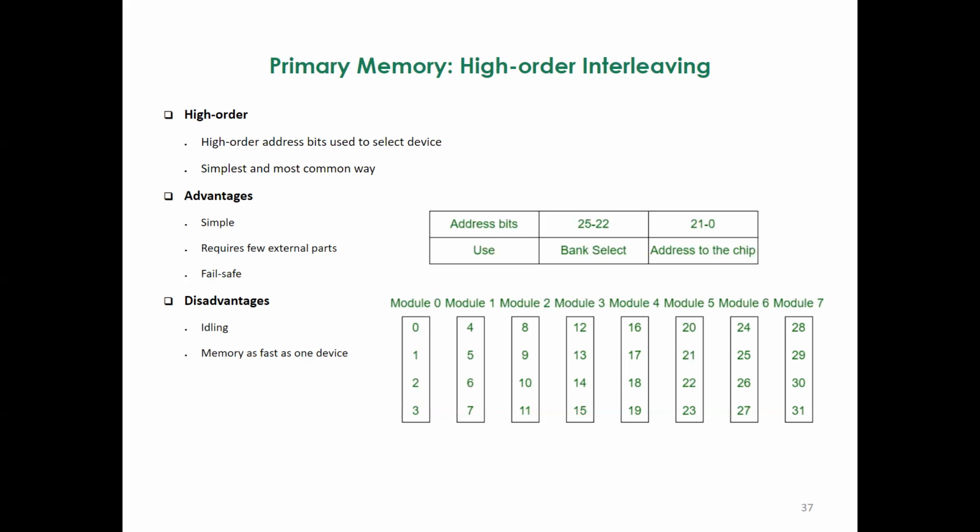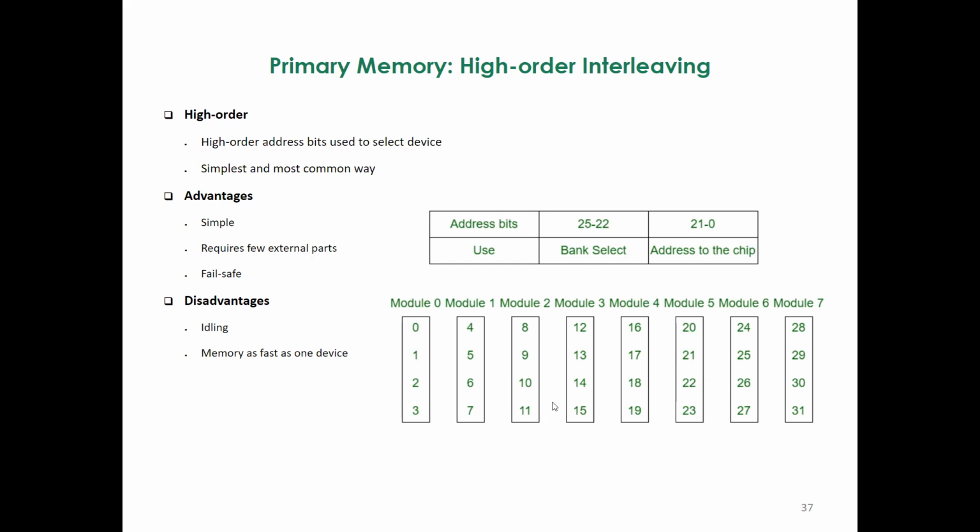You have 0, you have 20, you have 13, you have 9, and what's going to happen is that you will access 0 here, and then you have to access 20 at module 5, you have to access 9 at module 2, right?